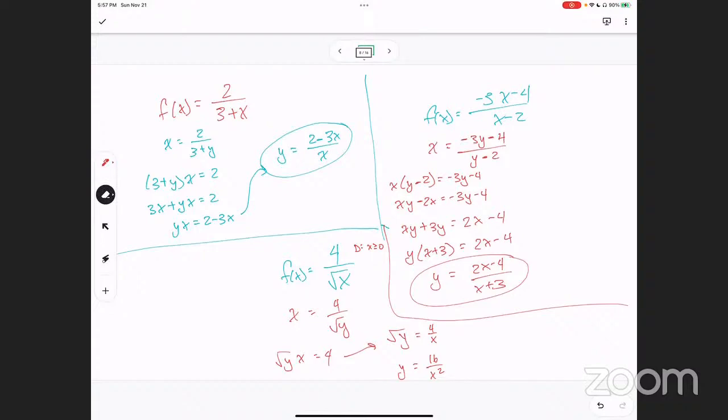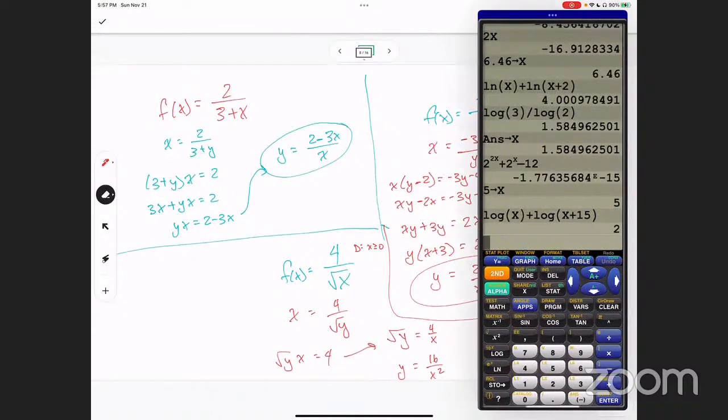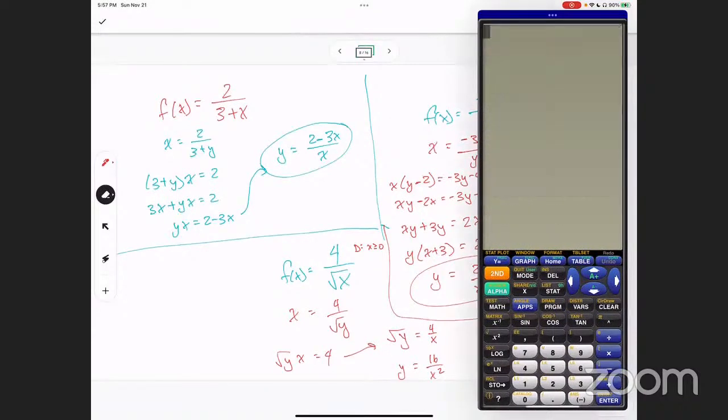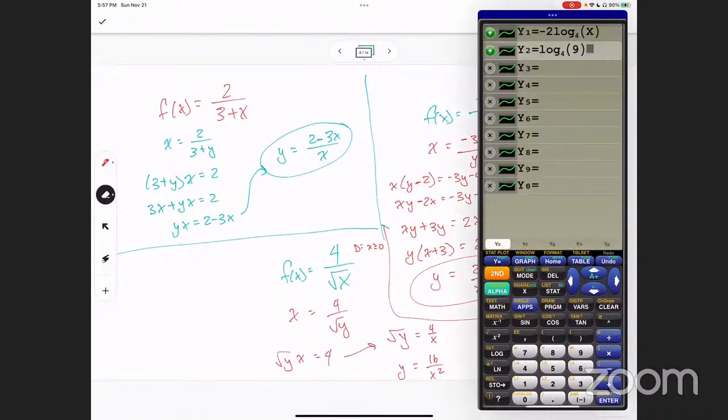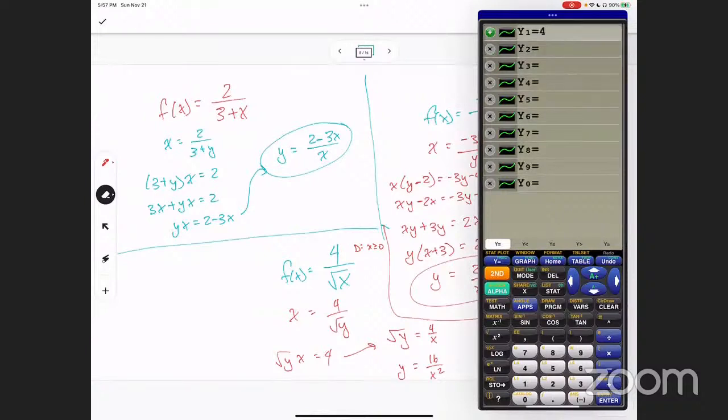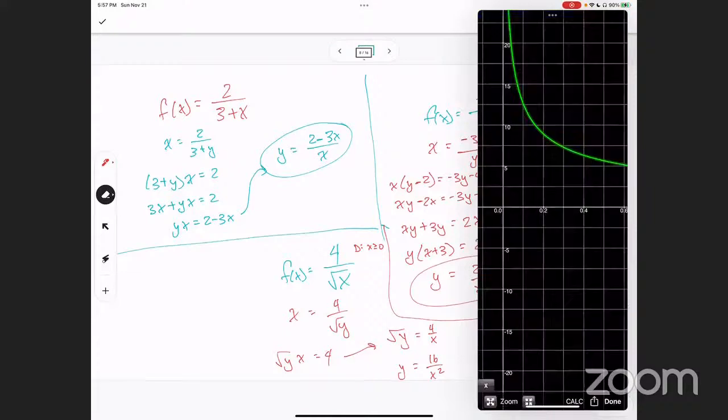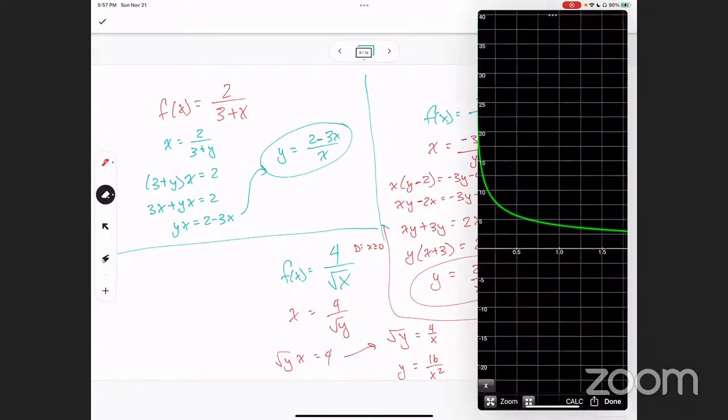So let's see. What am I thinking about? I feel like there's something else you have to do to this one. Let's take a look at the graphs just to see. If I graphed 4 divided by the square root of x, the graph is going to look like that.